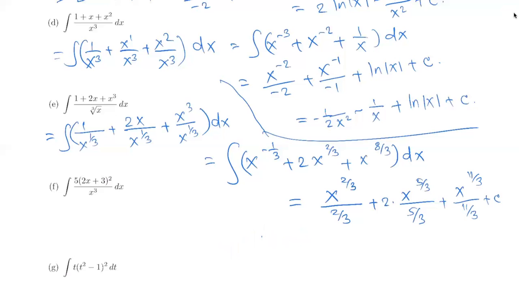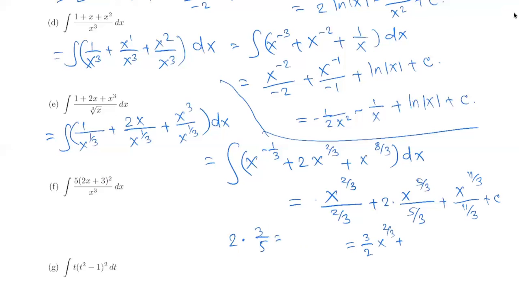Okay. The best you can do is write down this 2/3 as 3/2 when you bring it to the front. So 2/3 flips to 3/2, x^(2/3). This is 2 times 3/5. Now 5/3 becomes 3/5. So this one is 2 times 3/5.